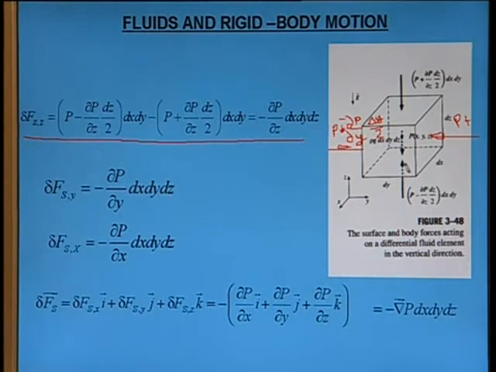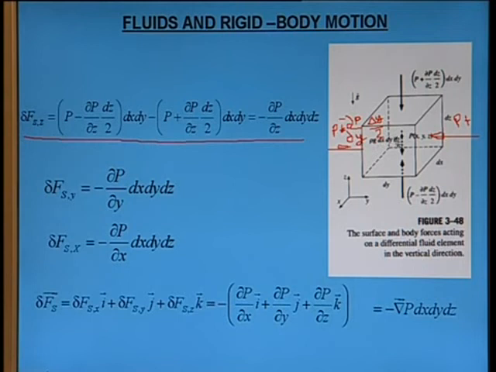We have studied that whenever pressure force is applied, pressure always acts in such a manner that it compresses the fluid. That is why we have the arrows acting in such a manner that they are compressing the fluid. So, delta FSZ: Fs stands for surface force and Z stands for direction, right.